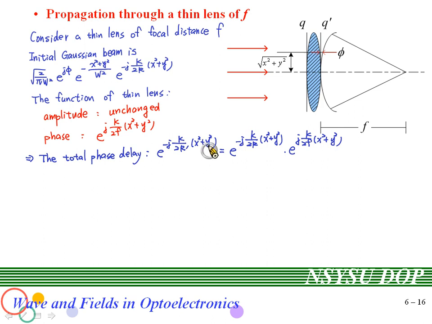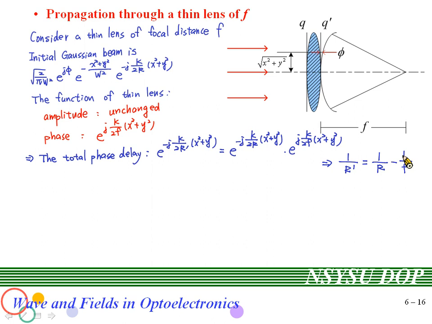Okay, the phase after passing through the thin lens is the original phase times the contribution of the phase delay provided by the thin lens. And comparing the exponential function between these two sides, you can see that the inverse of R prime can be written as the inverse of R minus the inverse of f.